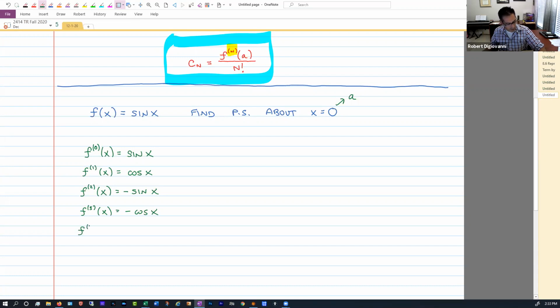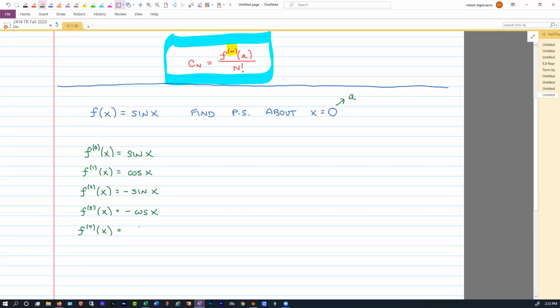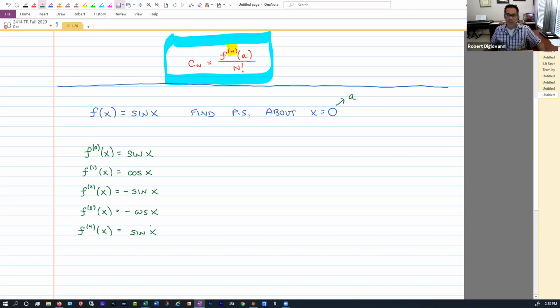Now we take the fourth derivative, and we get sine x. Now things are going to repeat. The next one will be cosine, then negative sine, then negative cosine, then sine, then cosine. It's just going to keep doing the same thing over and over, right? Okay, so those are what the derivatives look like.